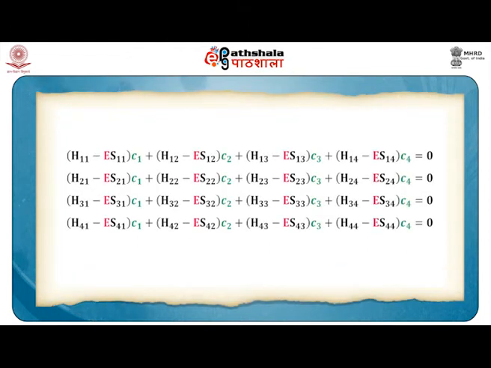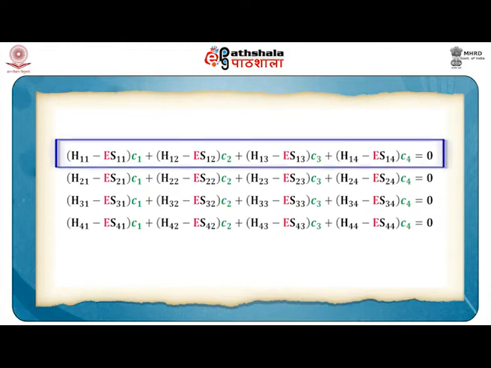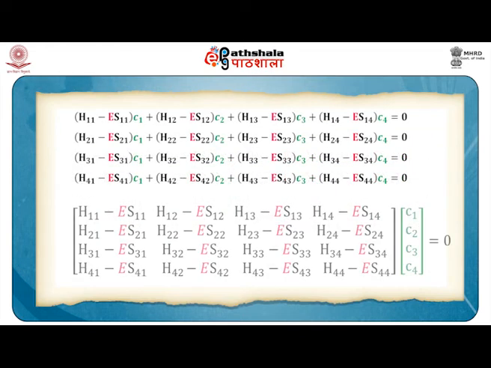As you can see here, the first equation is (H11 minus ES11) C1 plus (H12 minus ES12) C2 plus (H13 minus ES13) C3 plus (H14 minus ES14) C4 equals 0, and so on. Now, these equations can also be written in the form of a determinant, and it would look like the following.